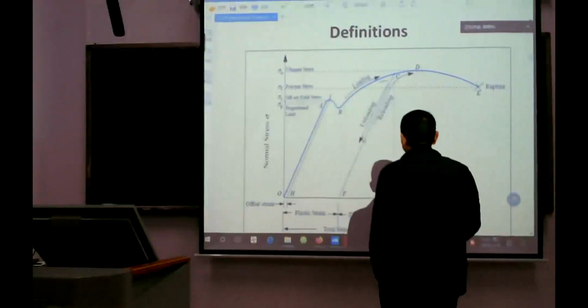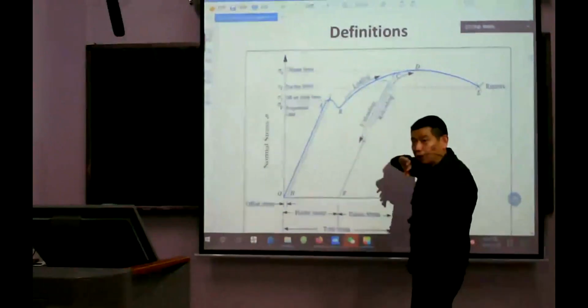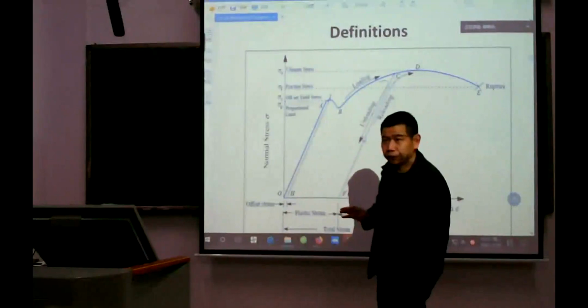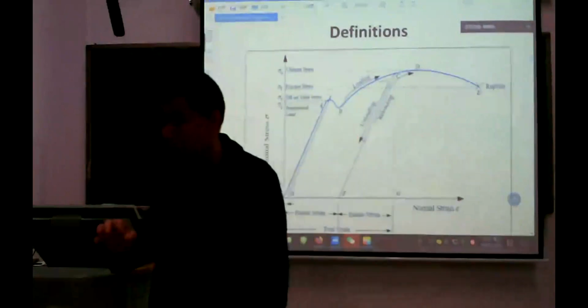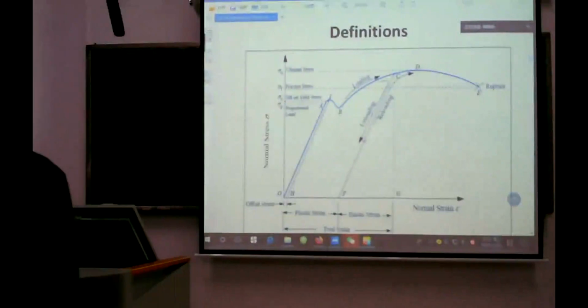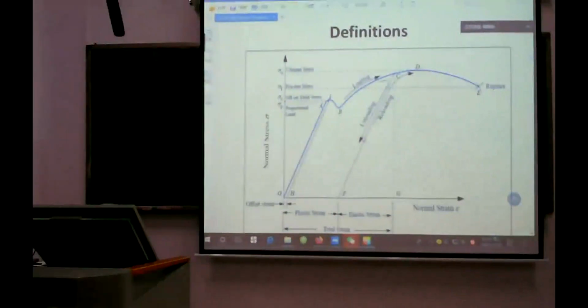So we call it hardening. Suppose the material is steel. We can't allow the stress to be more than the elastic limit.